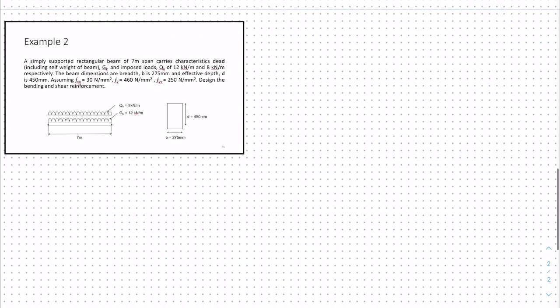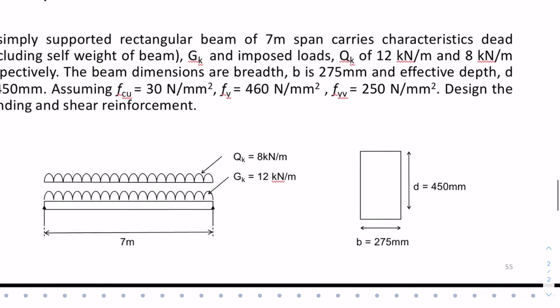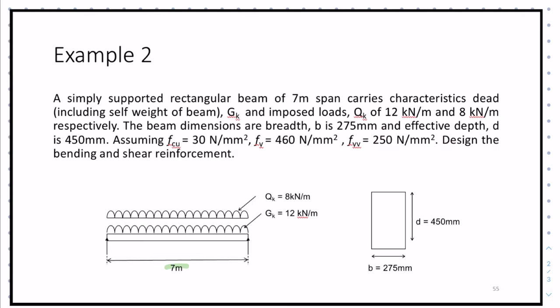And also during that day I also taught you example 2. Now we proceed with example number 2. A simply supported rectangular beam of 7 meter span carries characteristic loads, including self-weight of beam, 12 kN per meter, and 8 kN per meter for imposed load Qk.